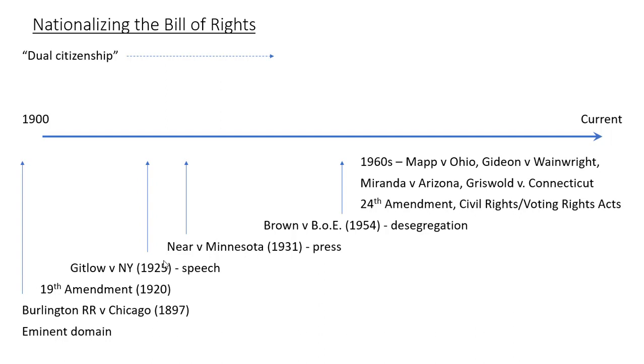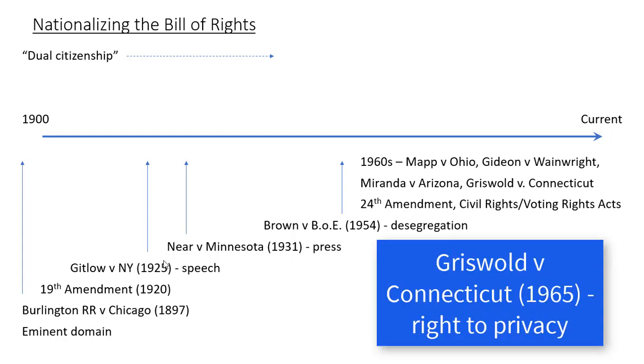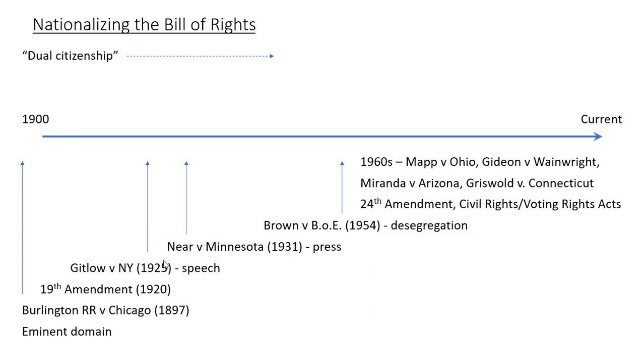And then Griswold versus Connecticut in 1965, they ruled against Connecticut, which was invading privacy, in this case the use of contraceptives. They said, sorry, states, you cannot deprive people of their right to privacy. In this particular case, it was use of contraceptives in the privacy of their own home.